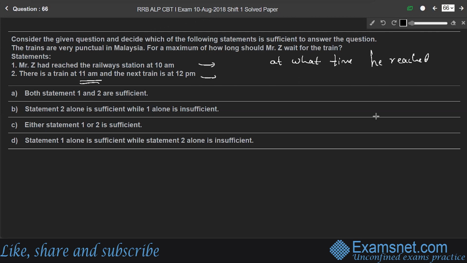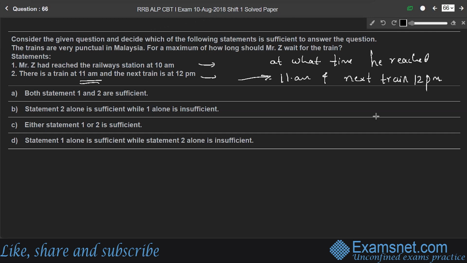There is a train at 11 a.m. and the next train is at 12 p.m. Based on the timings of the trains, how long does he have to wait?